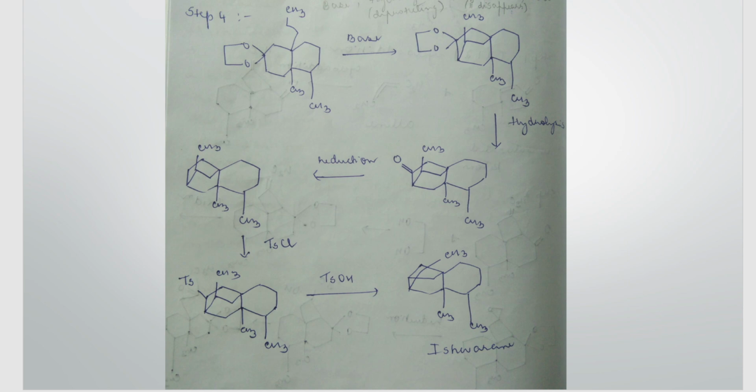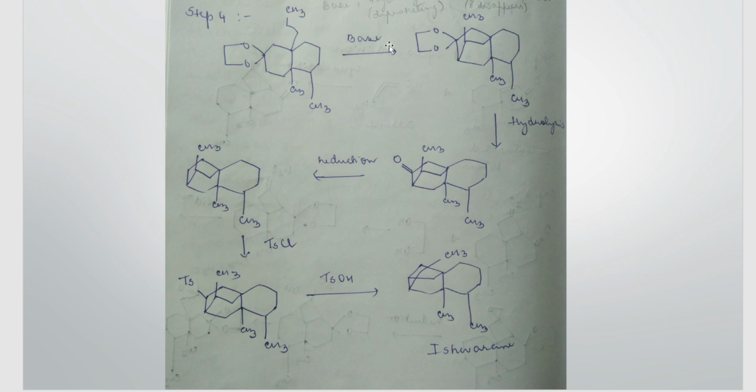Then finally, the product that we got by the end of step number 3 is made to react with a base, which will form a new bond here. There is a bond formation between this carbon and this carbon on treatment with base, which is written like this.